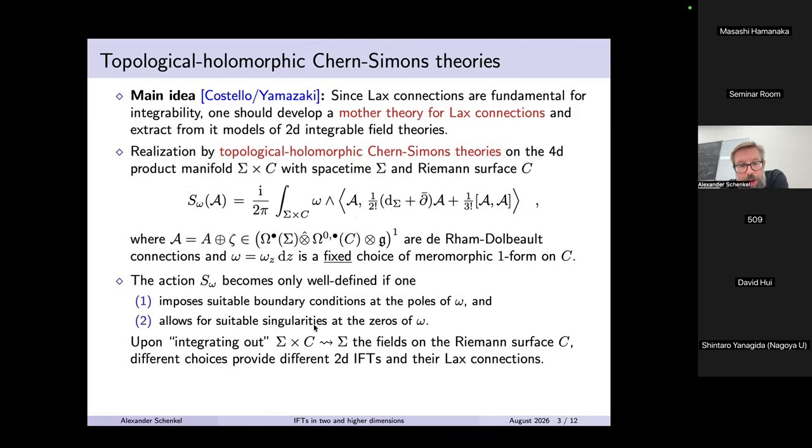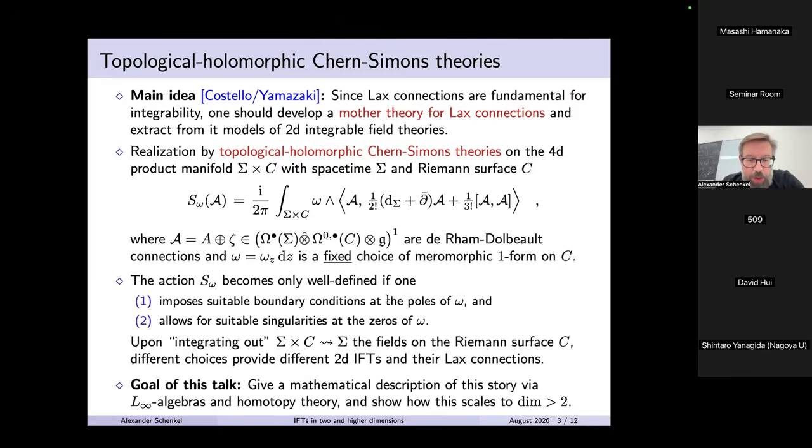So you integrate out the data on the Riemann surface. And this act of integrating out produces a two-dimensional field theory on sigma, which turns out to be integrable because people can write down Lax connections, which also come from this higher dimensional point of view.